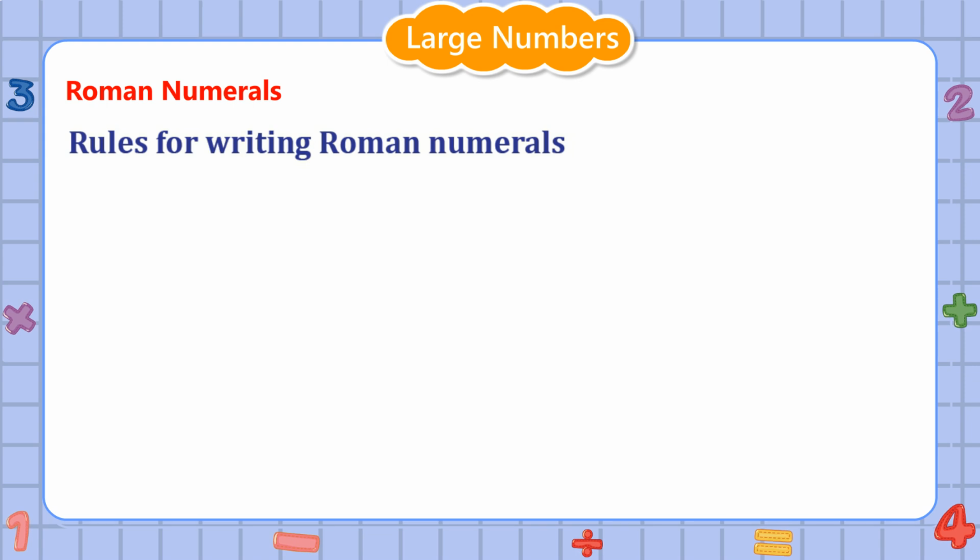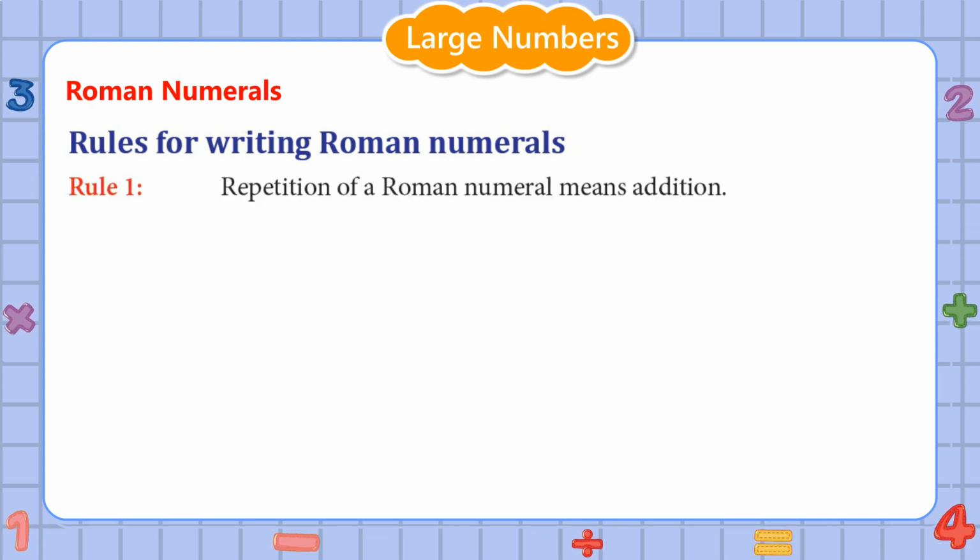Rules for writing Roman numerals. Rule 1. Repetition of a Roman numeral means addition. Examples. A. II is equal to 1 plus 1 is equal to 2.